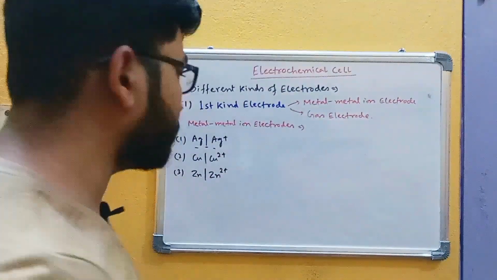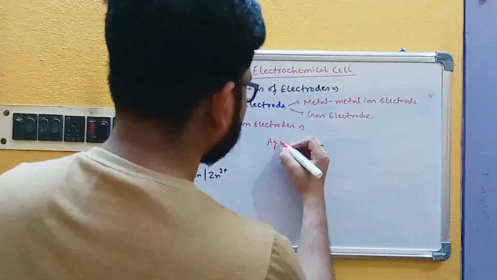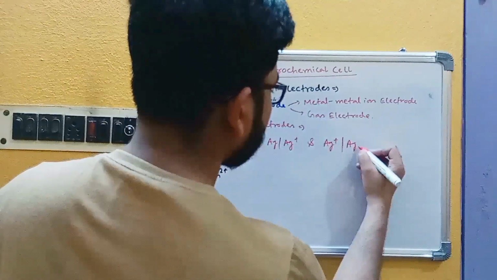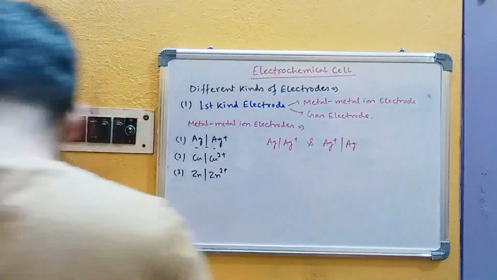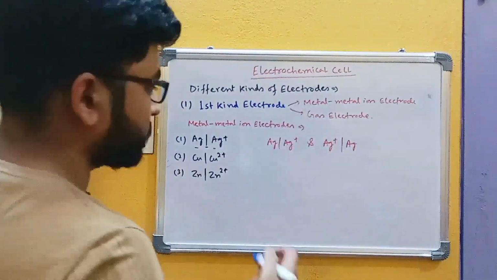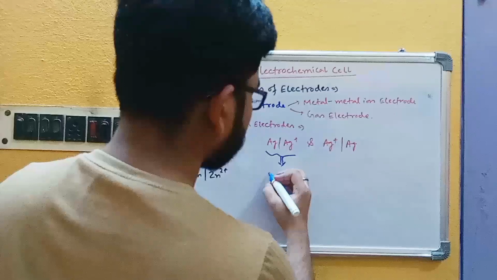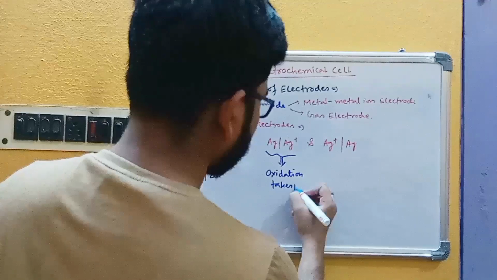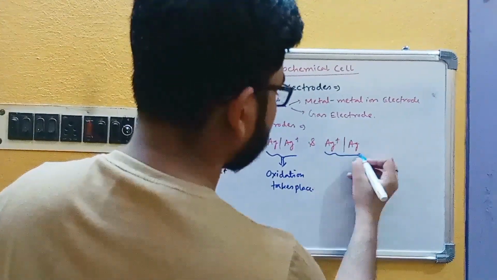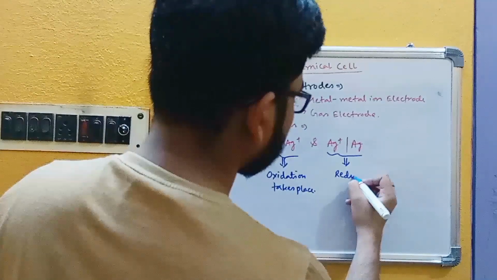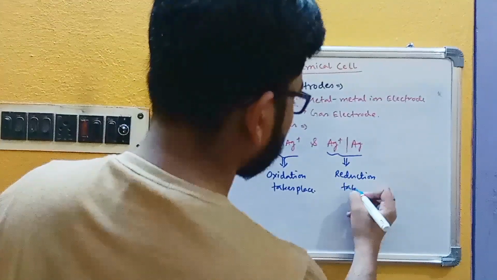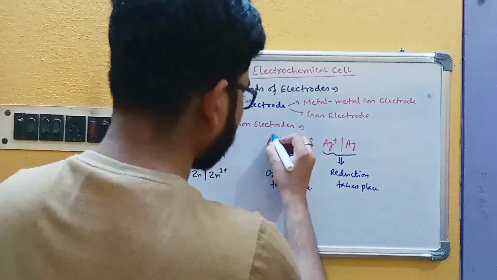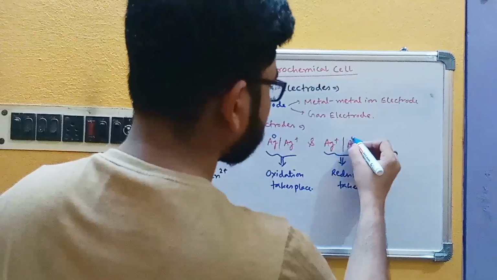Now what is the difference between these two representations? Actually, this represents oxidation takes place and this represents reduction takes place, because this is oxidation state 0 and this is also oxidation state 0.